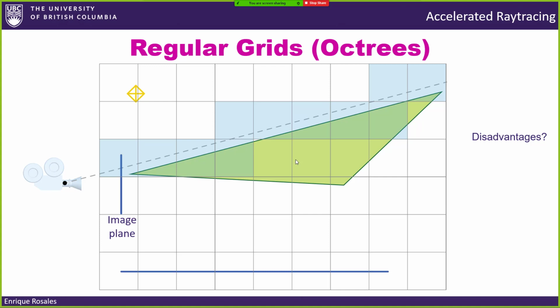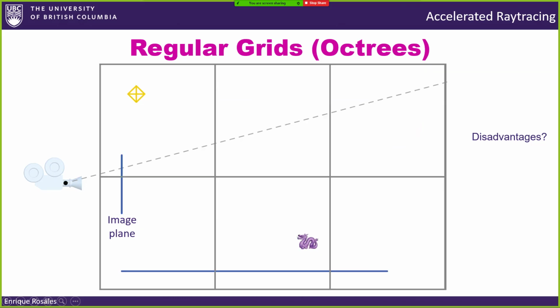It's like saying, I already know that I don't hit you, right? So I go to the next one, and if this cell tells me, oh, by the way, I have a triangle, if that triangle has that tag, okay, I don't do anything, right? So I just go directly, right? So this is a disadvantage, but it's actually very easy to solve.